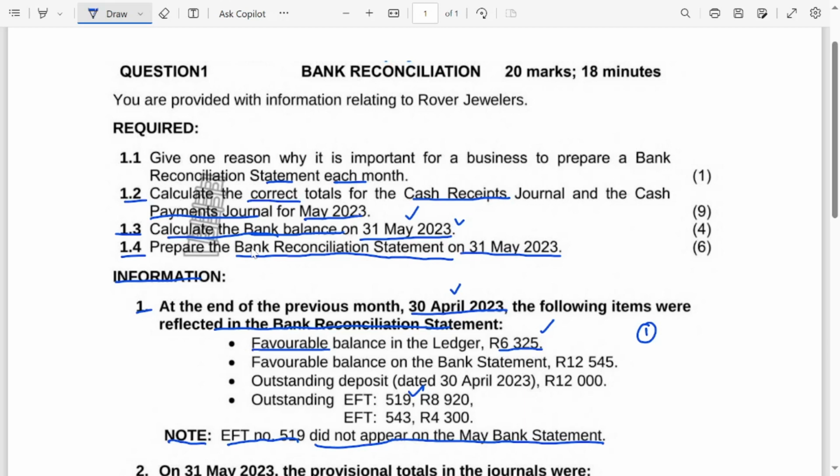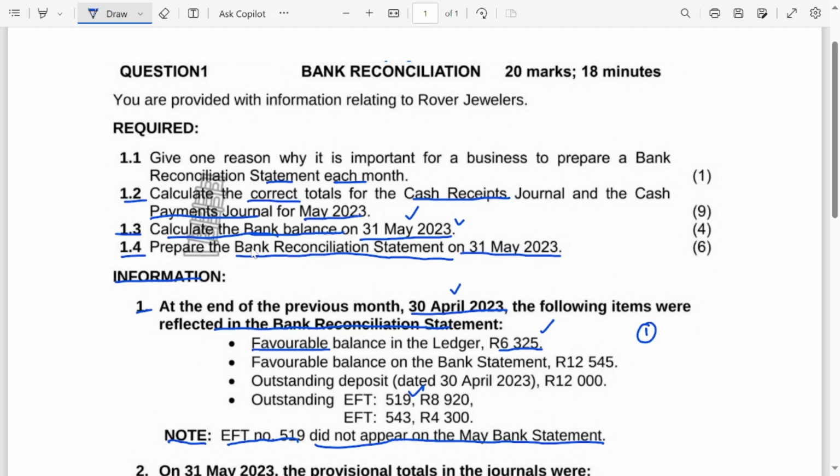The reason it is recorded in the previous month bank reconciliation statement is because it was not appearing in the previous month bank statement. So if it is not appearing again this month, we must record it again in the bank reconciliation statement. We are going to record this each and every month until it appears.